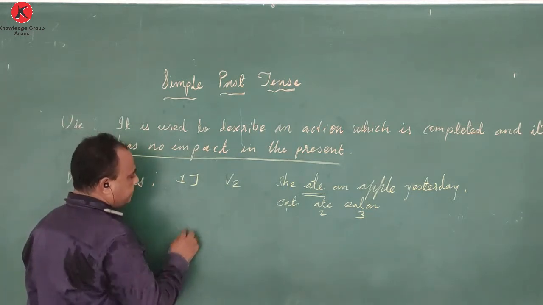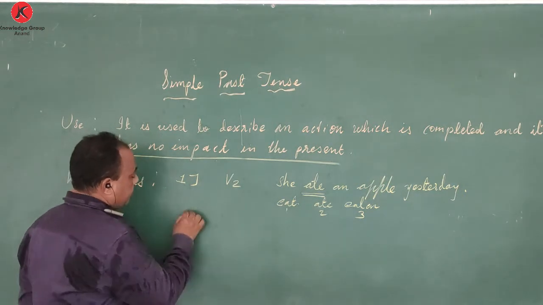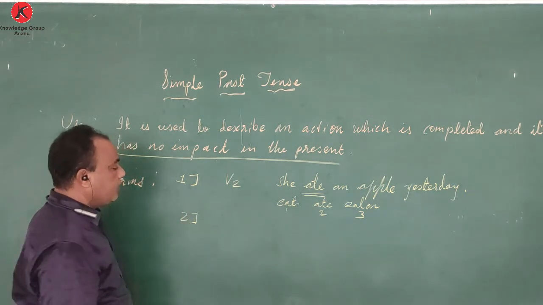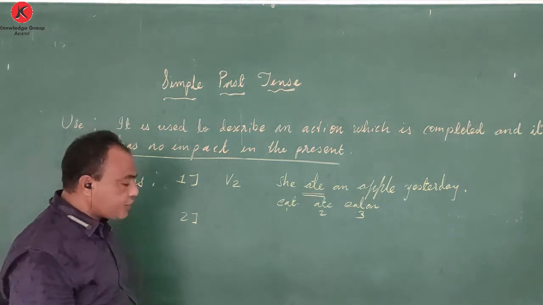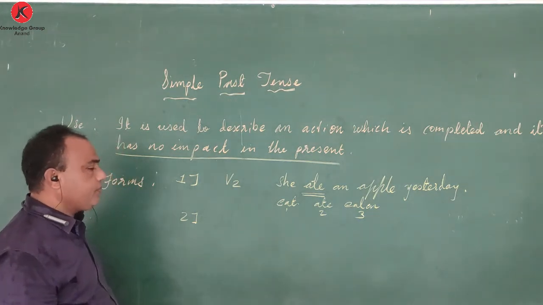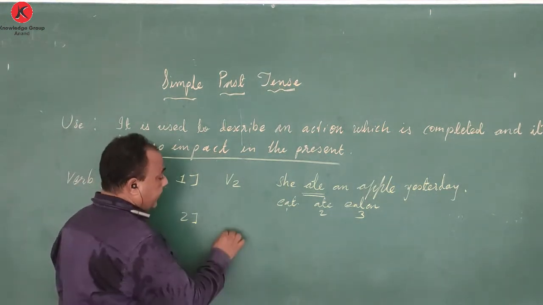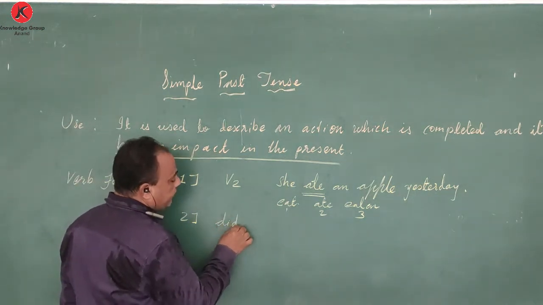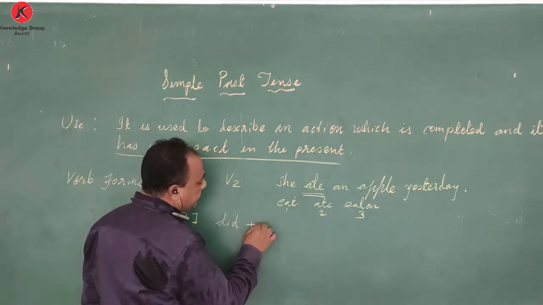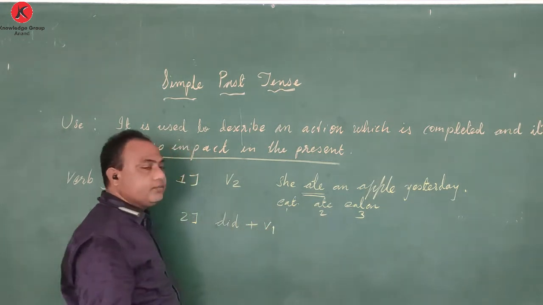Another is in negative and question. Whenever we frame a sentence in negative and question, we use the verb formation did plus V1.